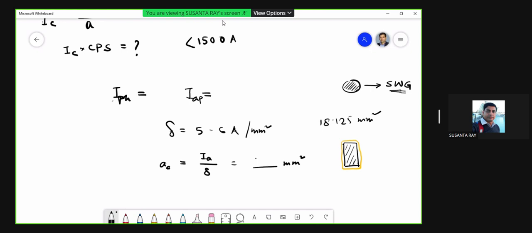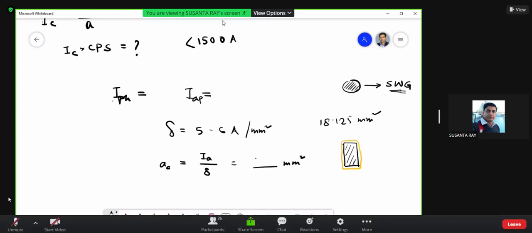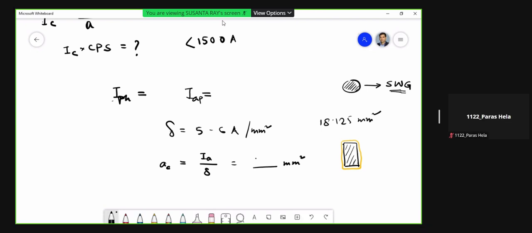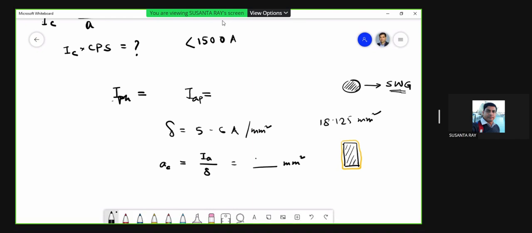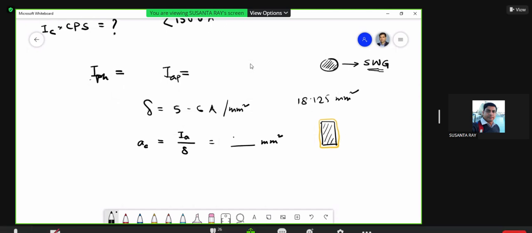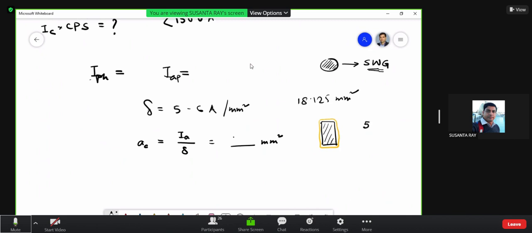If you don't have it in the book, you can download it from the net. It's a very small chart where the standard gauges are mentioned. Sir, mine is coming 16.244. You can take rectangular one. Those who are getting 54.58, what is the size of the machine? 200 kilowatt. What you do, you first split into 4. 50, what is the value?